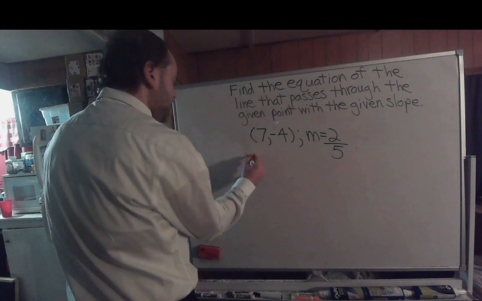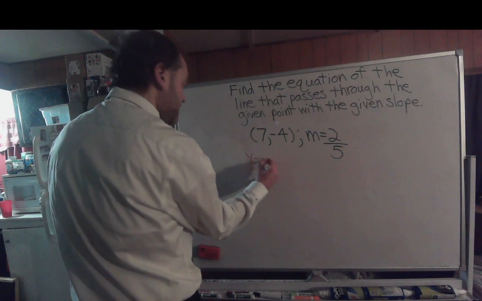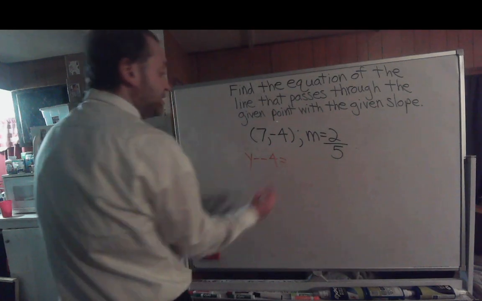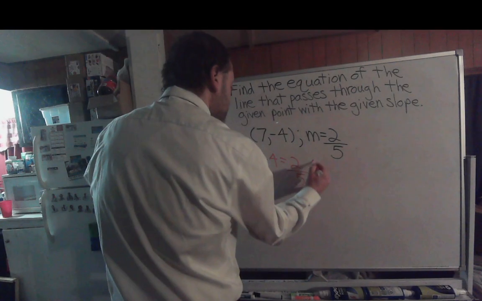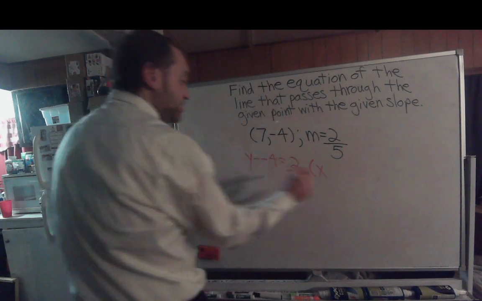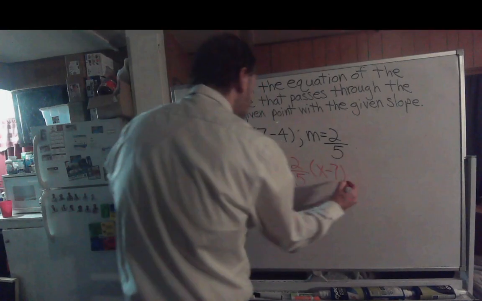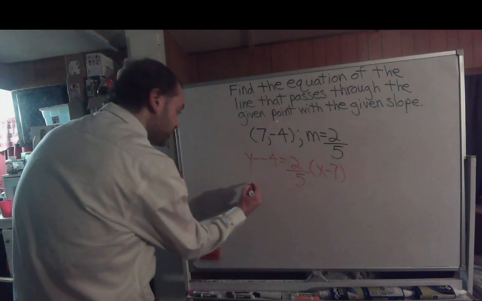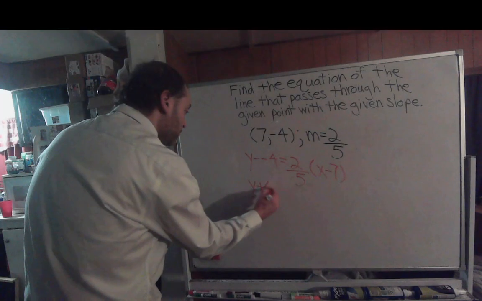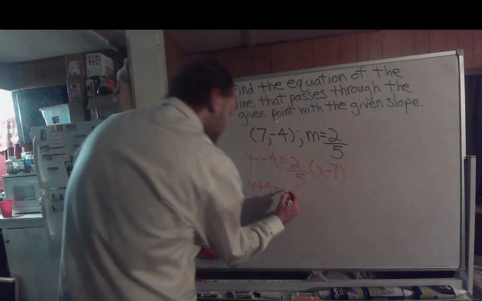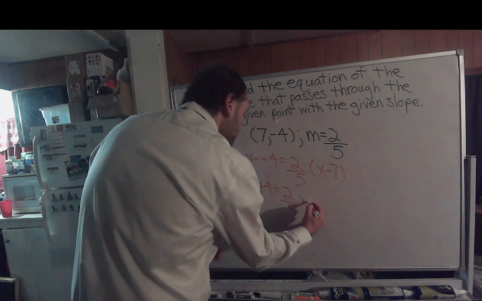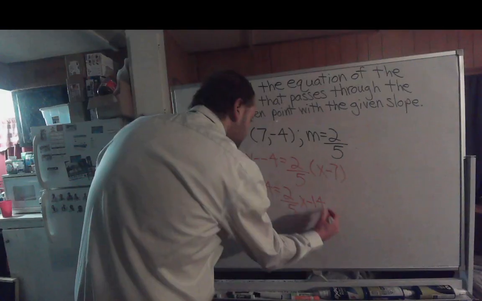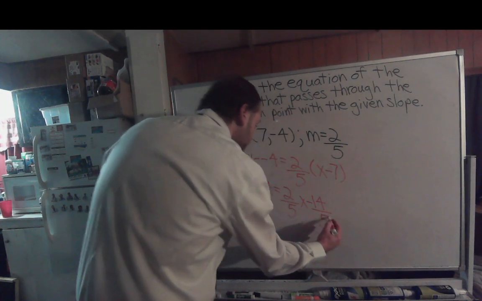So take y minus your y-coordinate of negative 4, set that equal to your slope of 2/5, times the quantity of x minus your x-coordinate of 7. Well, y minus negative 4 turns into y plus 4. That's going to equal 2/5 x minus 14/5.